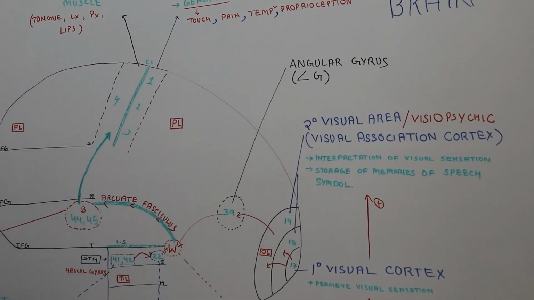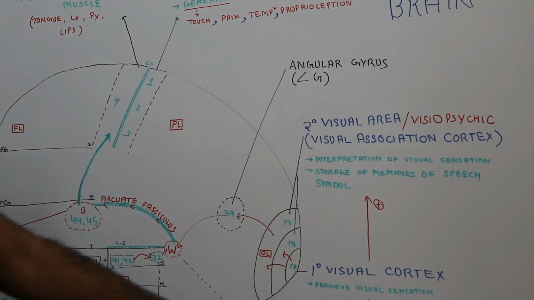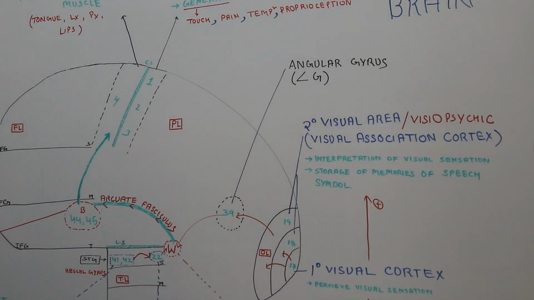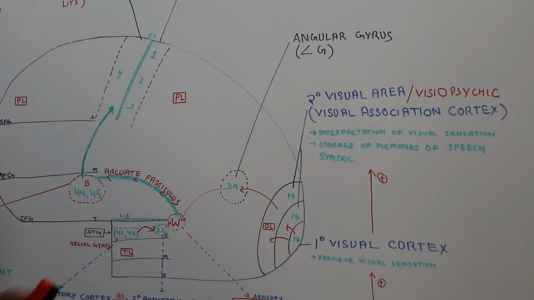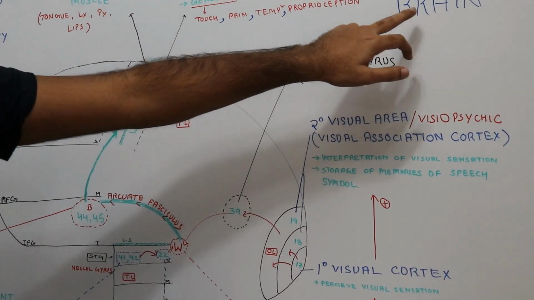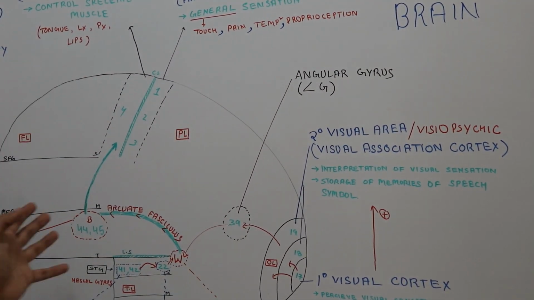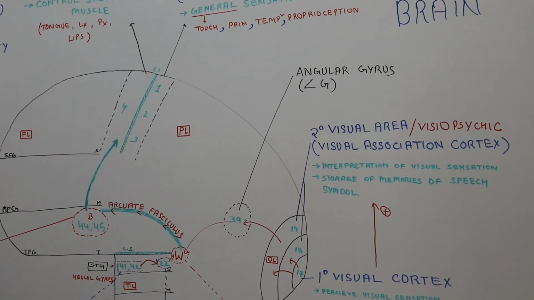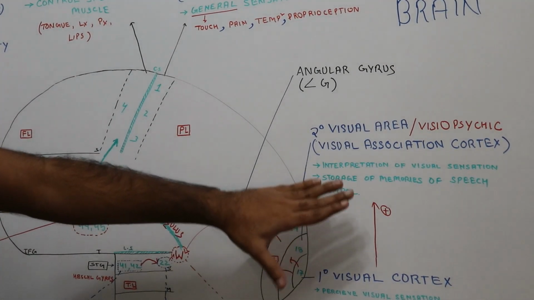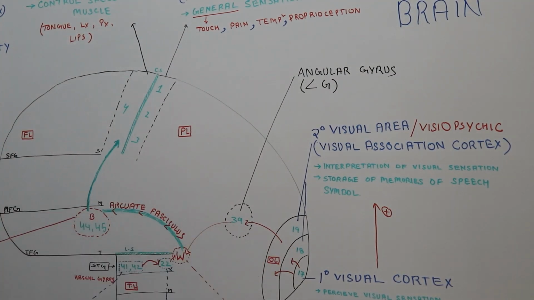Why visual association cortex? Because all the perception which we received from the primary visual cortex, we associate here. We have some memory about these symbols like B, R, A, I, N. We memorized these words when we were in childhood. So we interpret this visual sensation here and store the memory of speech symbols.